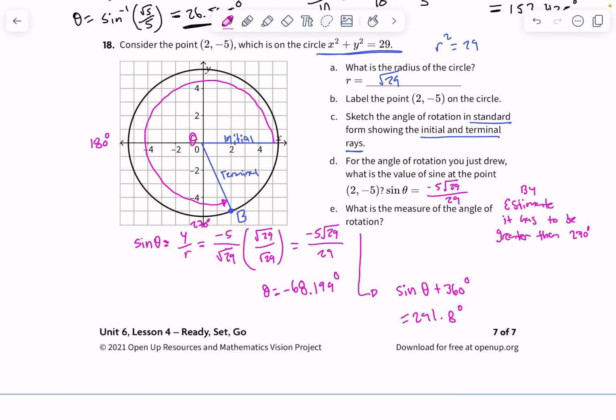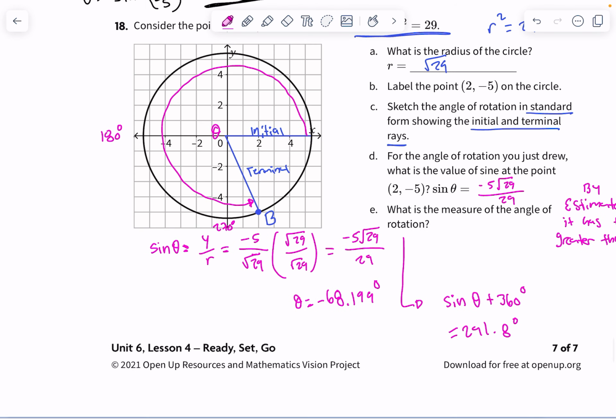If you talk about a reference angle, let's call this alpha, it is equal to tan inverse of y over x here. So tan inverse of negative 5 over 2, let's do that.